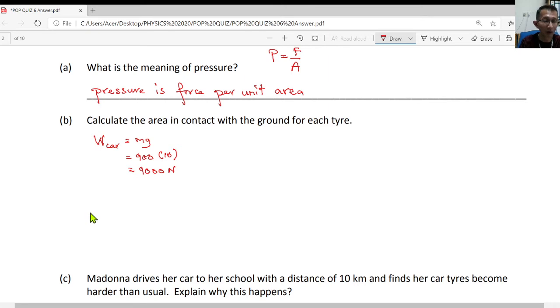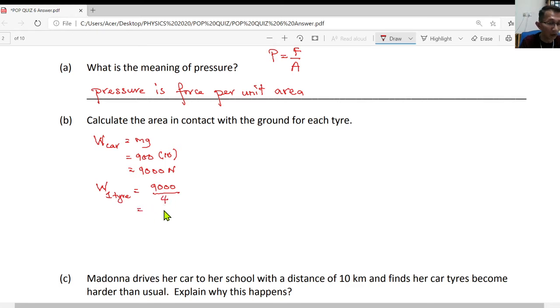So the weight on one tire will be 9,000 Newton divided by 4.